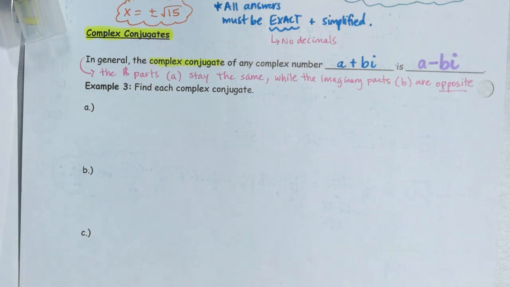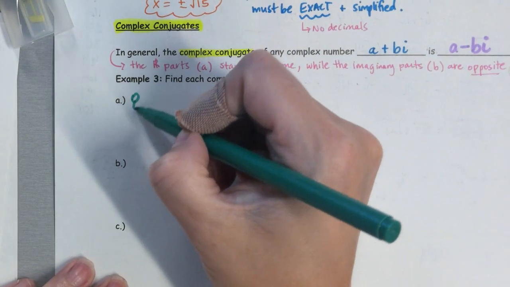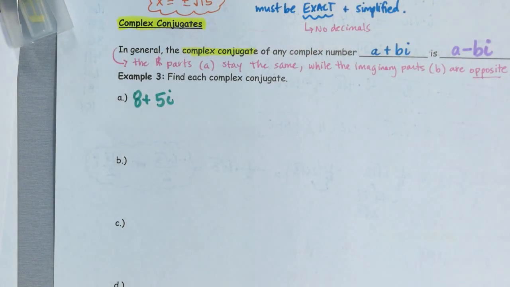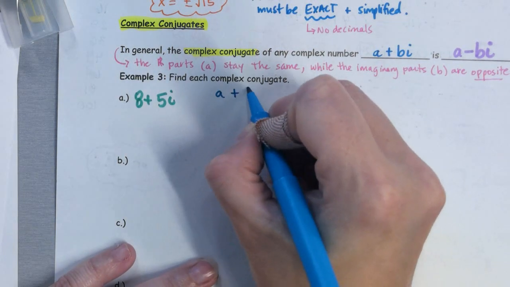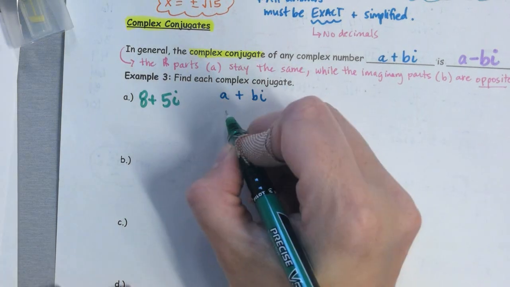So for example 3, we're going to find each complex conjugate. So we have 8 plus 5i. One thing you want to do is make sure it is in this form, a plus bi. Once it is, you can pick out the real part and the imaginary part.